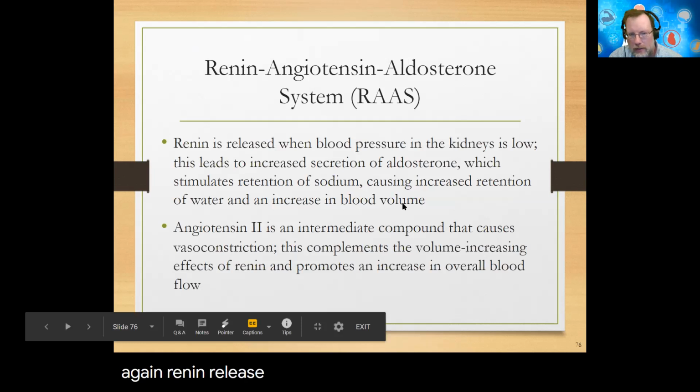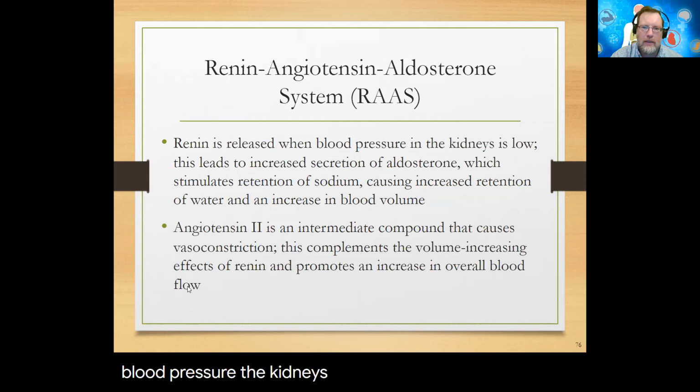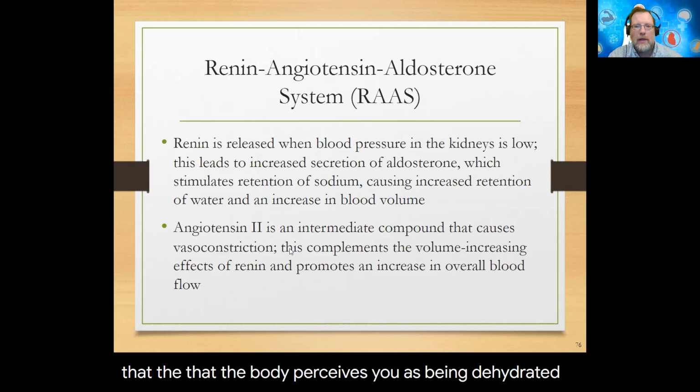Renin released when blood pressure is low. So if blood pressure in the kidneys is low, that triggers aldosterone secretion, which triggers sodium retention, which triggers water retention. So if the blood pressure in the kidneys is low, it could mean that the body perceives you as being dehydrated.